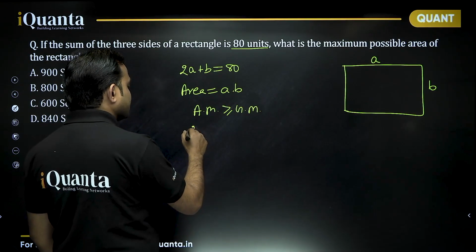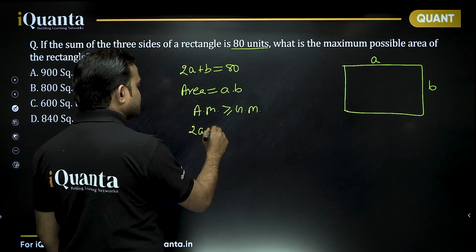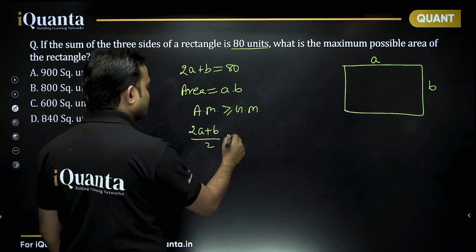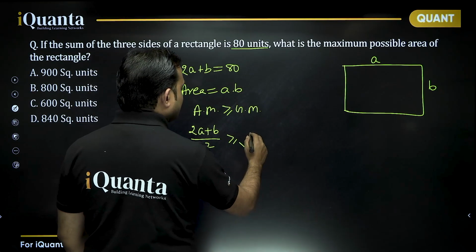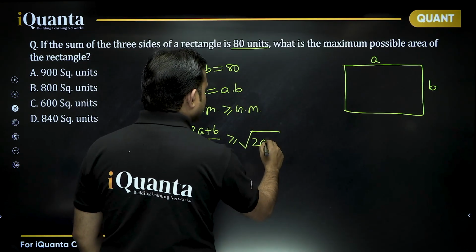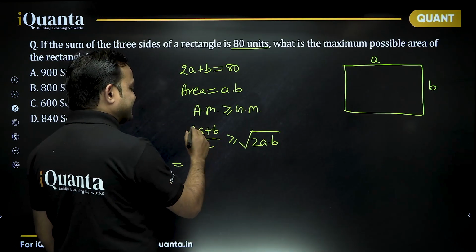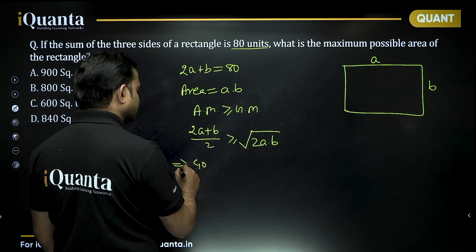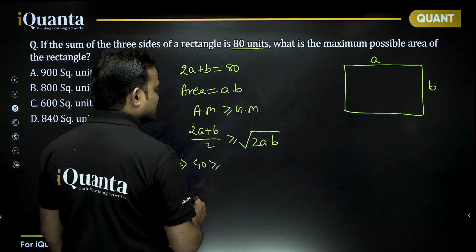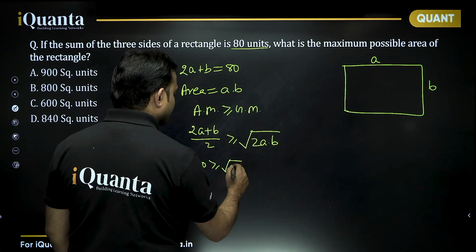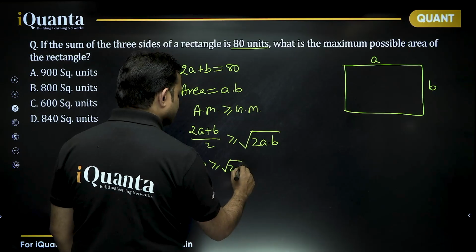So we can say that (2A plus B) divided by 2 is greater than or equal to the square root of 2A into B. This is 80, and 80 by 2 is 40, which is always greater than or equal to the square root of 2AB.